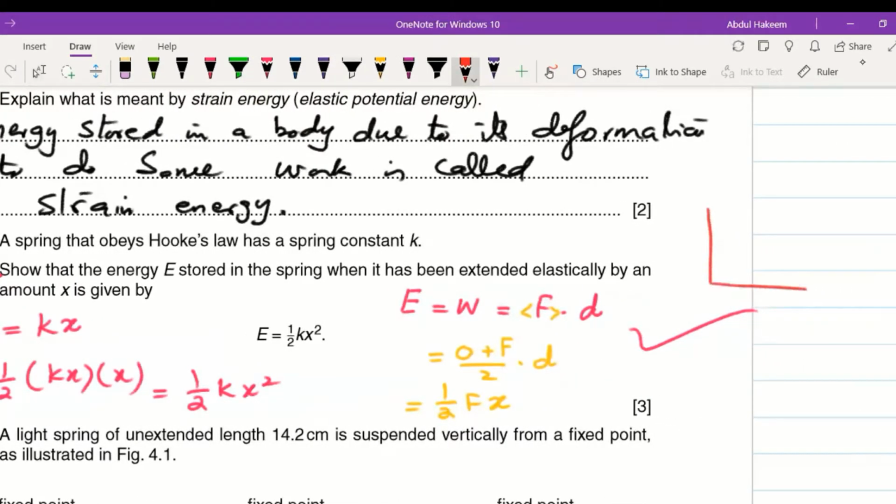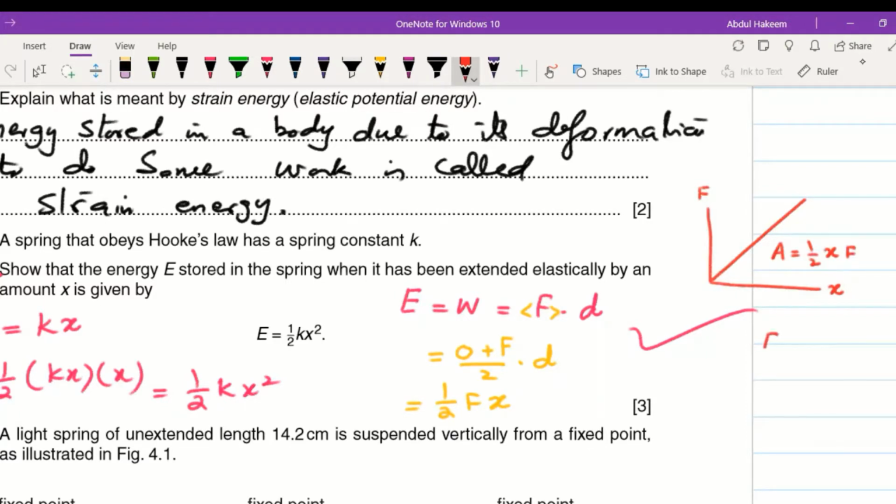Look, the object is obeying Hooke's law, so the force extension graph will be a straight line. The gradient of this will be the spring constant, but the area, which is equal to 1 by 2 base into height, is the energy.